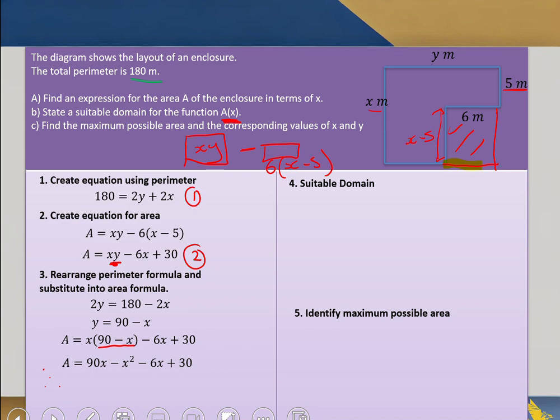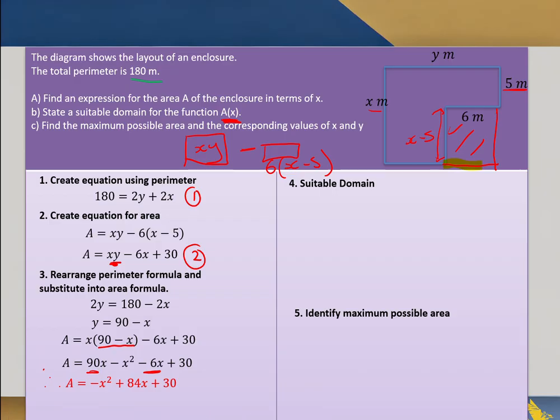We are able to simplify. I've got 90x and take away 6x, which gives me 84x. I've just rewritten it in a certain form to make it easier for me. So I've got A is equal to negative x squared plus 84x plus 2.